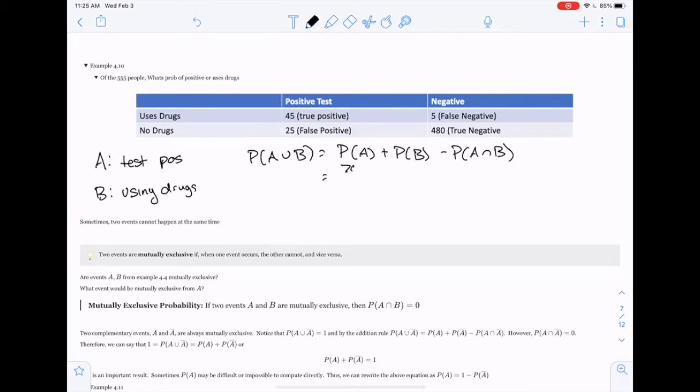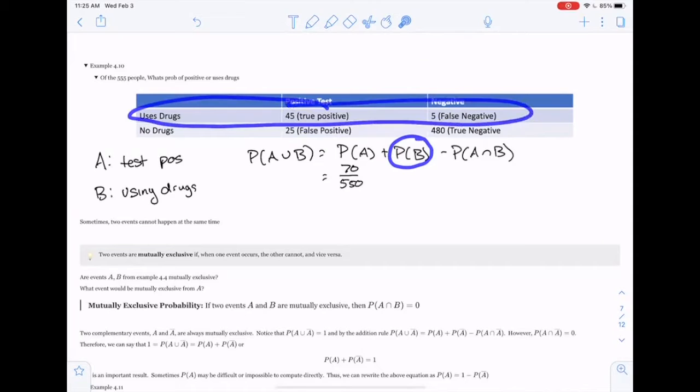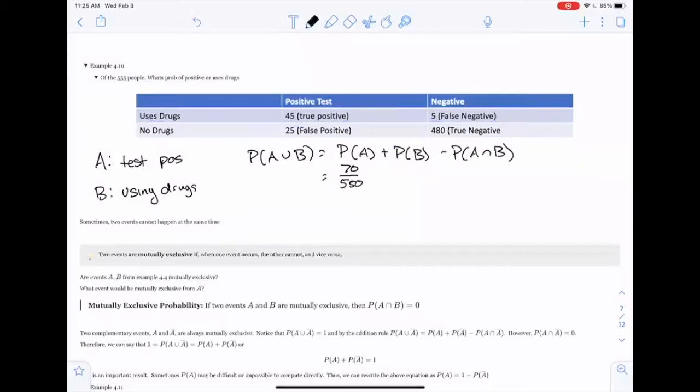That is going to be 70 out of 550. Next, I want to know the probability that someone uses drugs. Using drugs is this row. Those are all of the people in this study that have used drugs before. That is going to be 50 over 555. Sorry, that's 555.